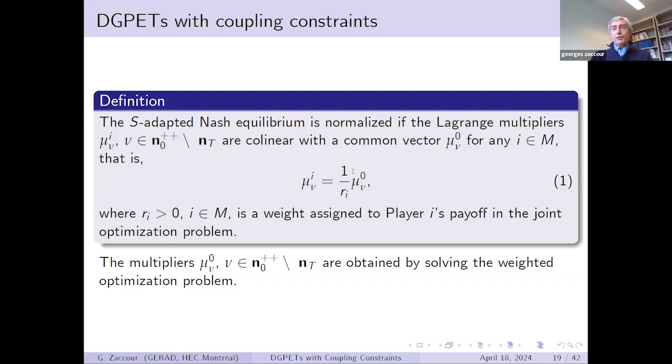So as I said before, it means that we have determined the common vector of Lagrange multipliers, and this is after that decentralized to the players by having this multiplier, the common one, divided by Ri.